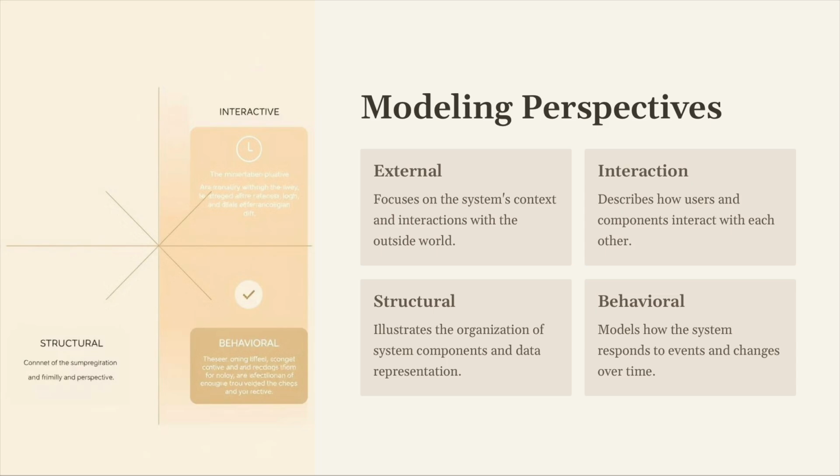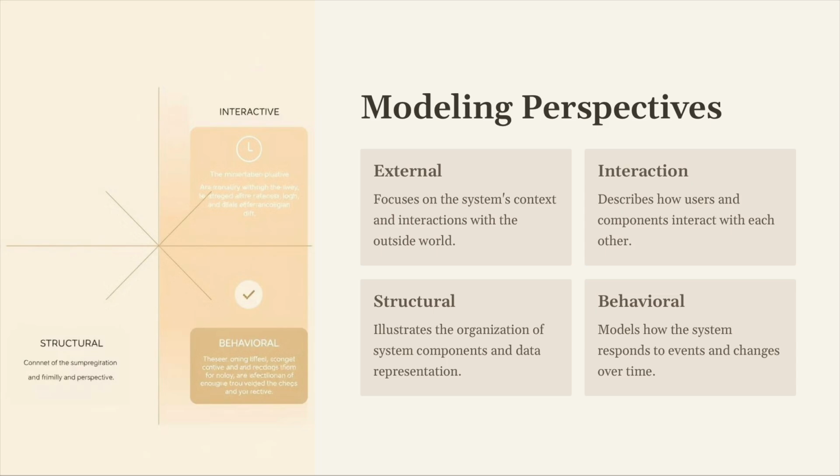To fully describe a system, we need to look at it from different perspectives. The first one is external perspective. This shows how the system interacts with the outside world. Think of it as a map of connections between users and the system. Second one is interaction perspective. This dives deeper into how users or components communicate with each other.